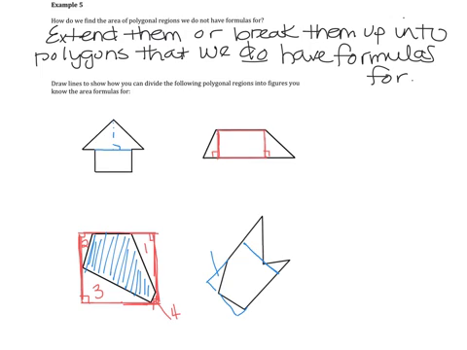We would subtract the areas of these two triangles from the area of this whole entire quadrilateral that's in blue, and then find the areas of these two triangles on the ends and add them to that area in order to get the whole entire shaded region, which is this odd figure here along with these triangles.